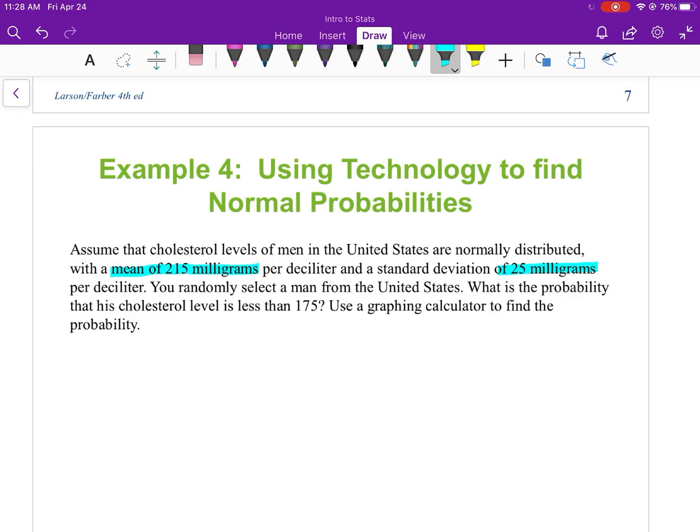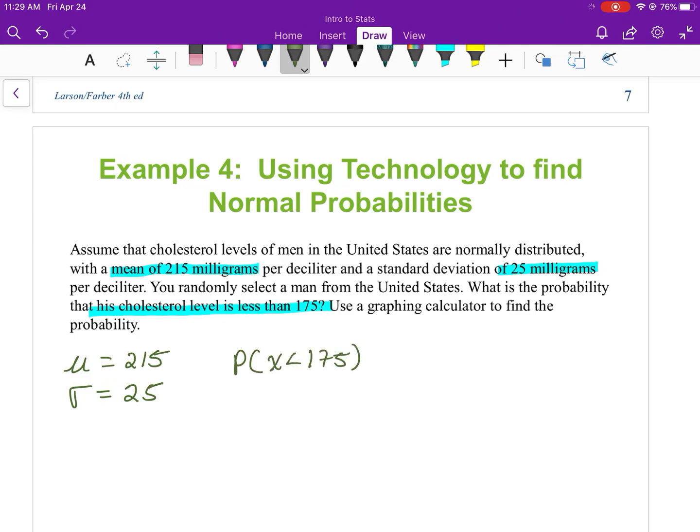We select a randomly selected male from the US. What's the probability that his cholesterol is less than 175? Okay, so what you need to record here is your mean, your standard deviation, and we're finding X is less than 175.